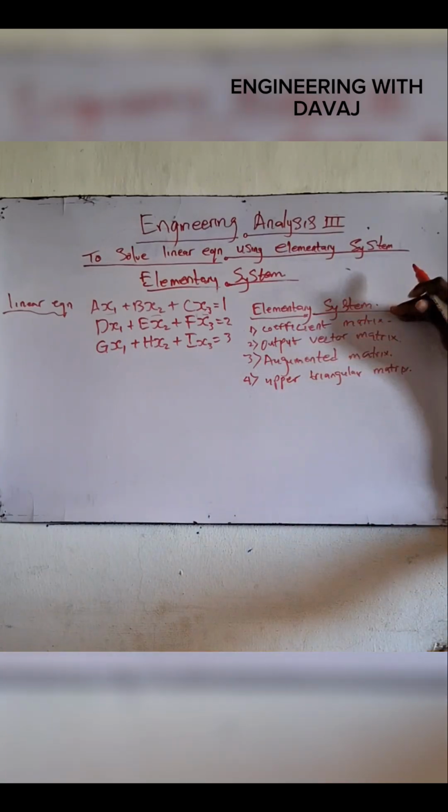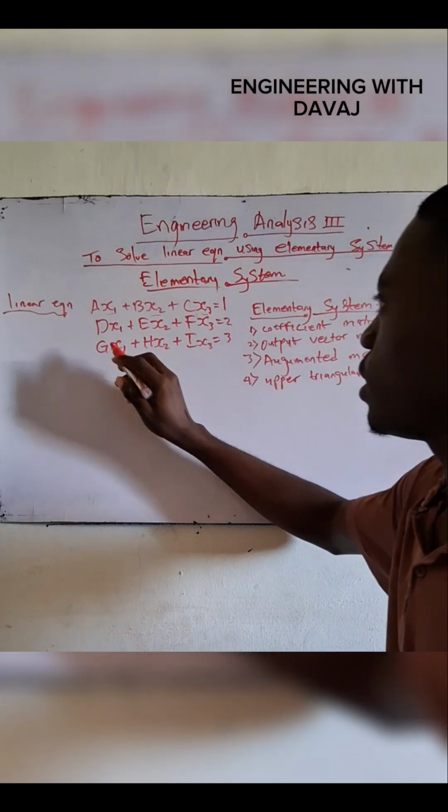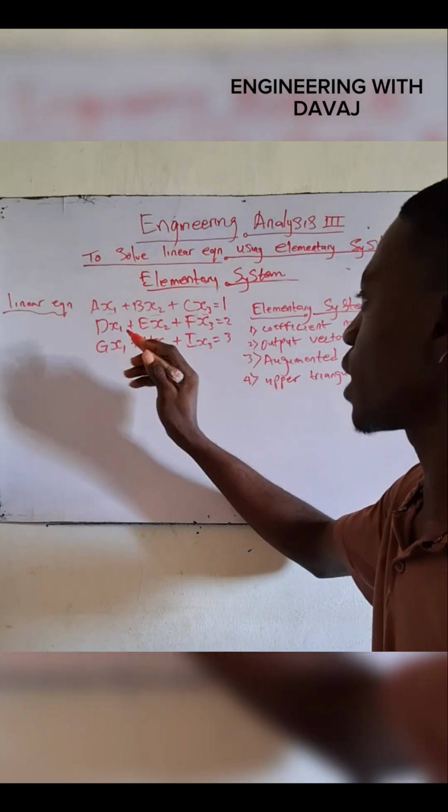So let's begin with the first step. How do I write my coefficient matrix? In this linear equation, what are the coefficients?